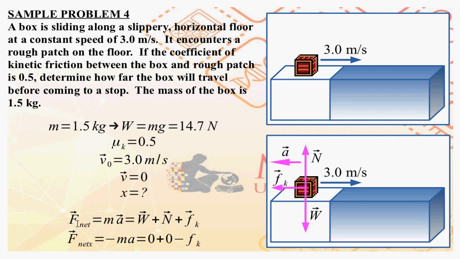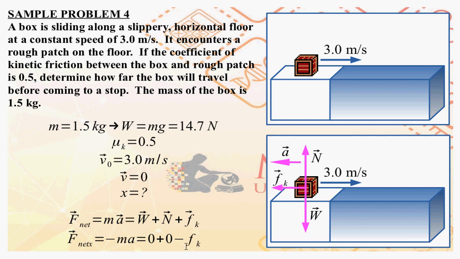X component: F net x is equal to the x component of acceleration. Acceleration is horizontal, negative direction, so minus ma. The x component of weight: vertical, no x component. Normal force: vertical, no x component. The x component of kinetic friction is horizontal, negative direction, which tells us that ma is just equal to the kinetic friction magnitude.